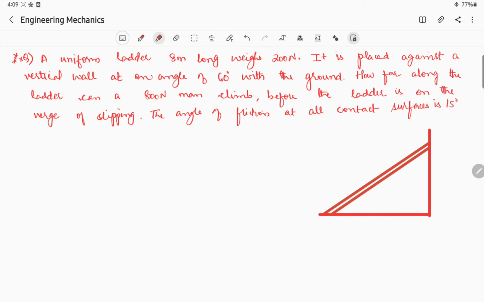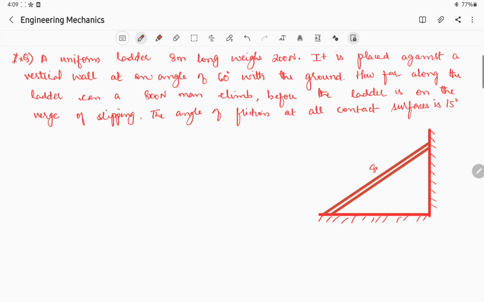The length of the ladder is 8 meters. This is the wall, this is the ground. Always remember, these are the things given in the question.